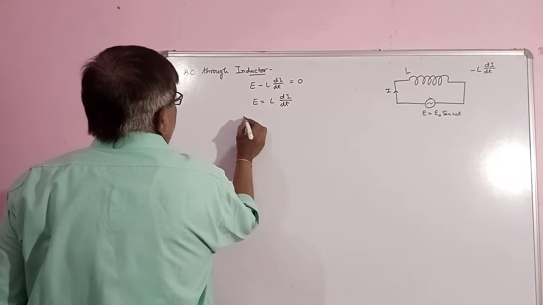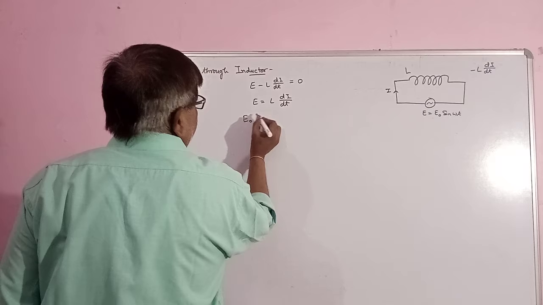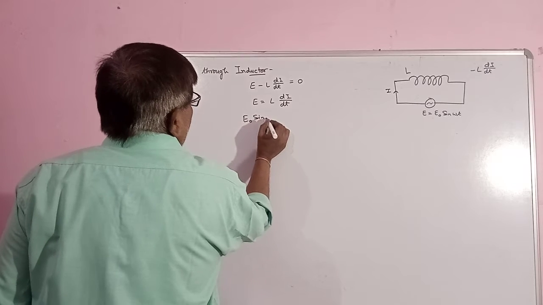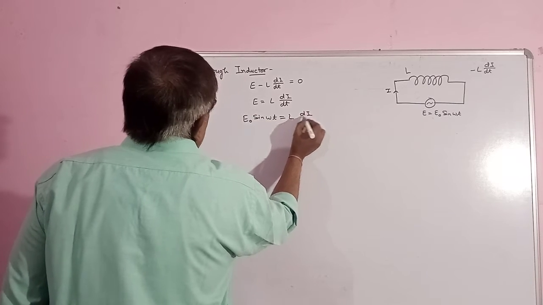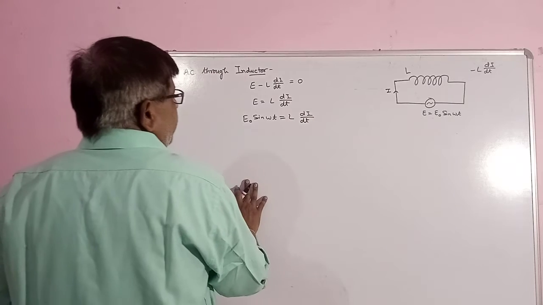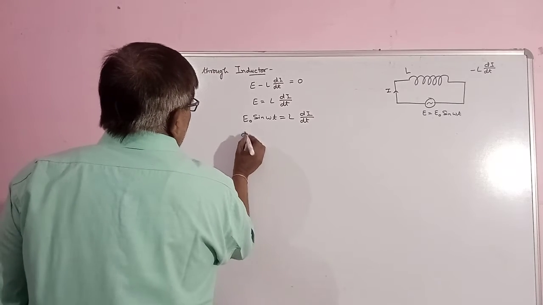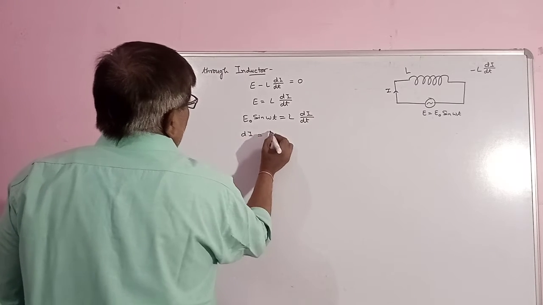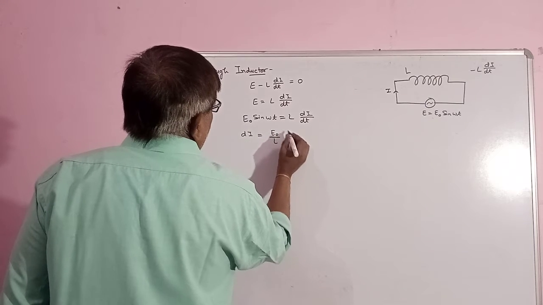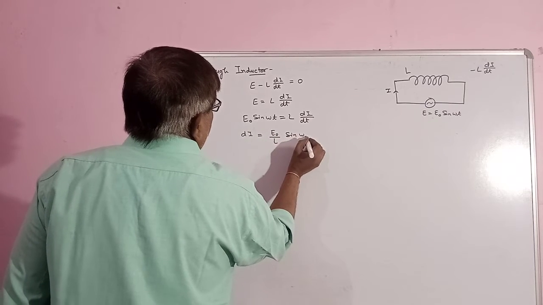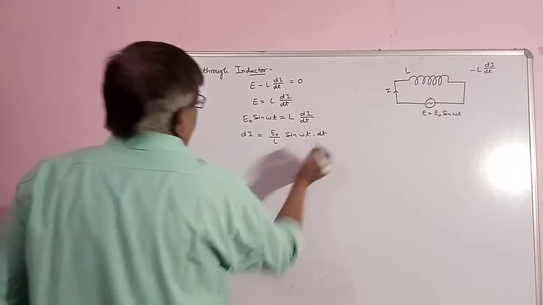So from here, E equal to E naught sin omega t equal to minus L di over dt. So di equal to E naught upon L sin omega t dt.